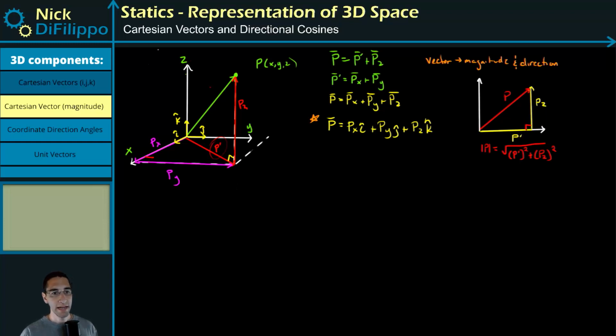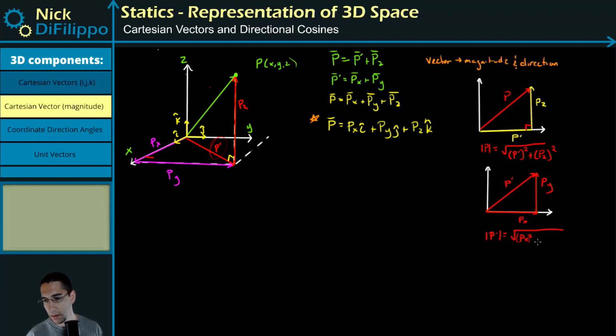So I could draw this again. And when I draw this again, if I do it the right way, this is my px. This is my py. And this is p prime. So if we do the exact same thing, my magnitude of p prime is equal to the square root of px squared plus py squared.